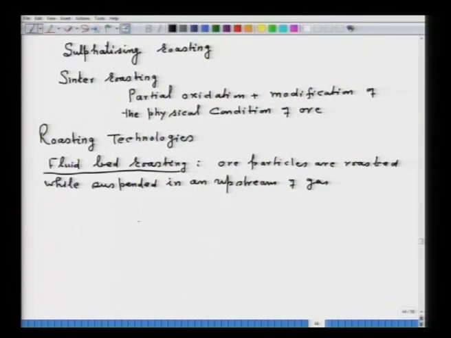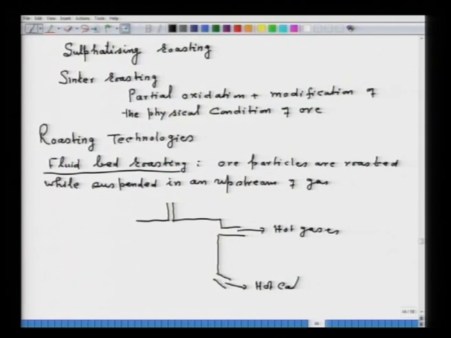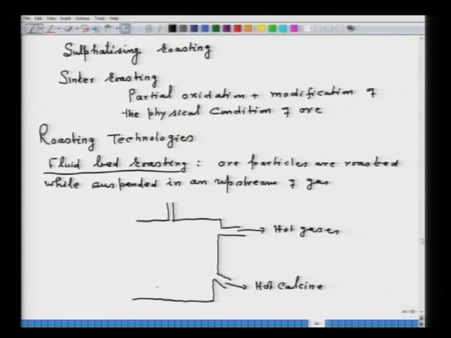So, a fluid bed roaster looks something like this. One outlet is for the discharge of hot gases, and somewhere here the discharge of hot calcine or roast product.